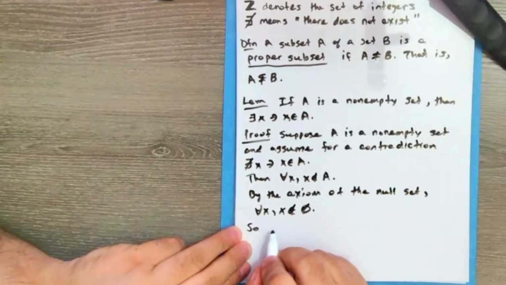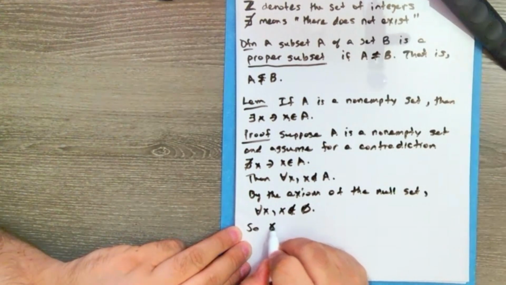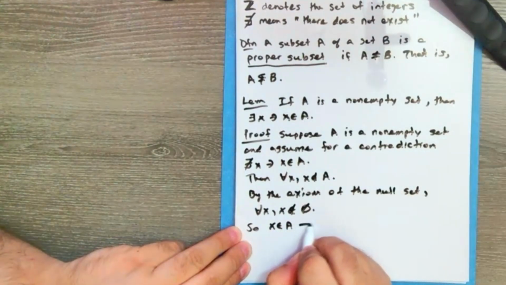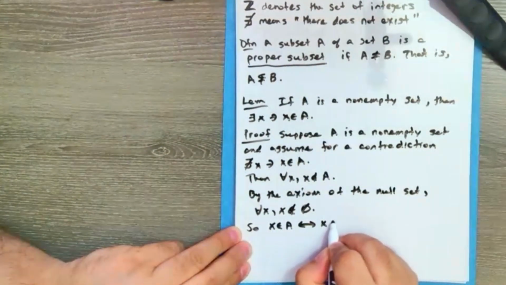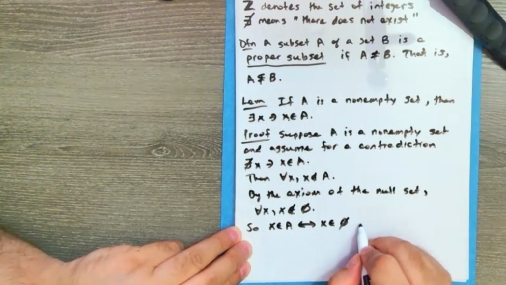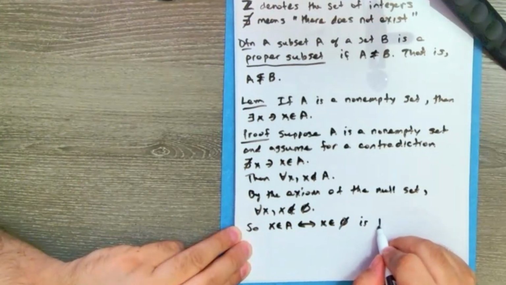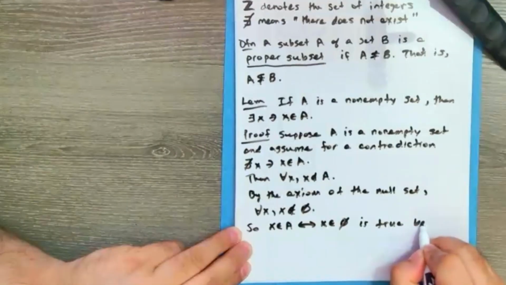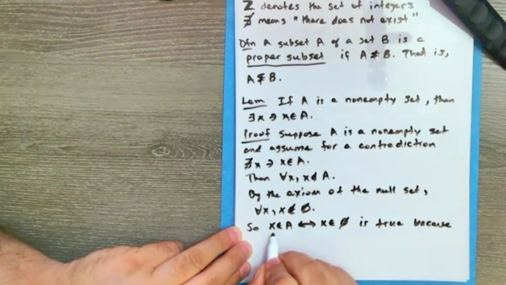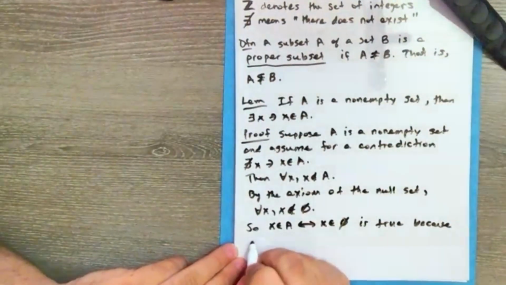And so the biconditional statement, x is an element of A if and only if x is an element in the empty set, is a true statement because each of the statements is false.